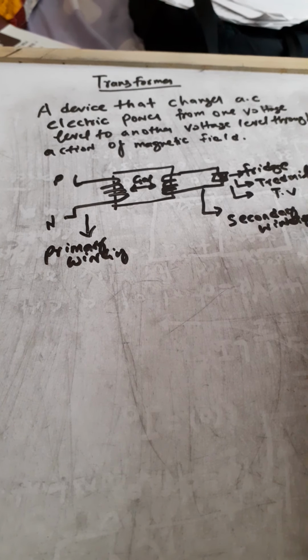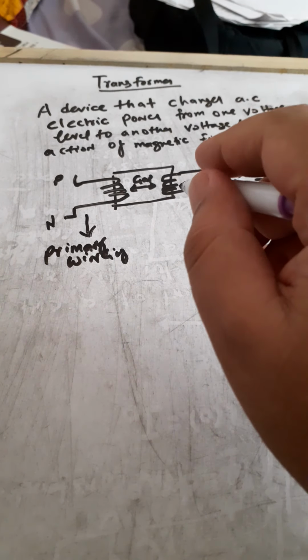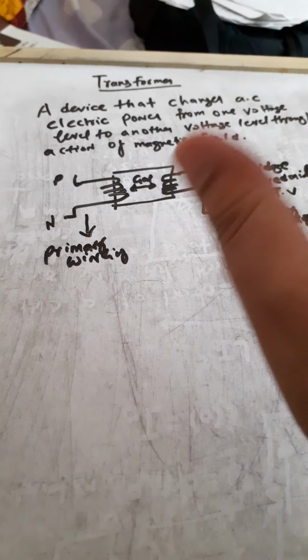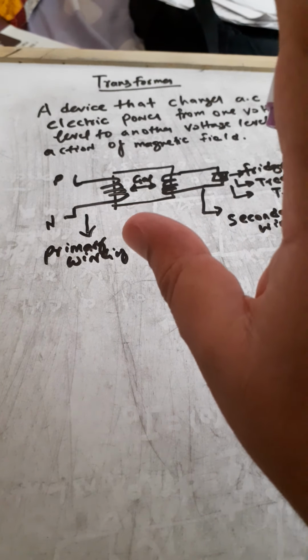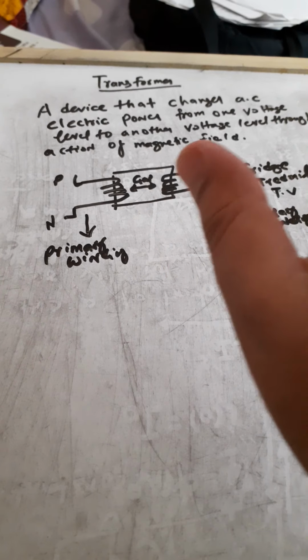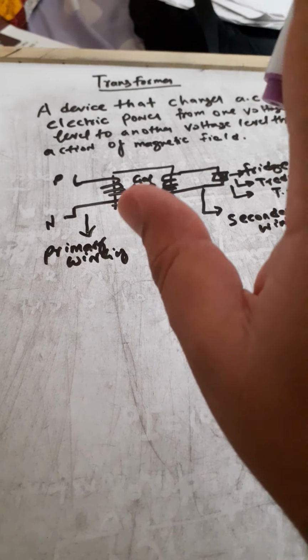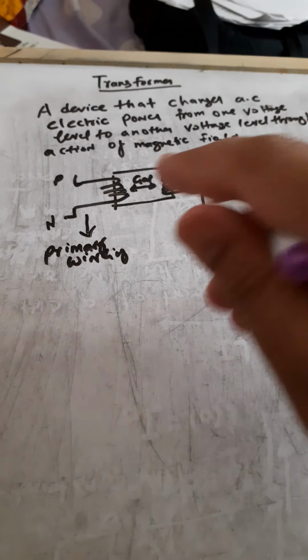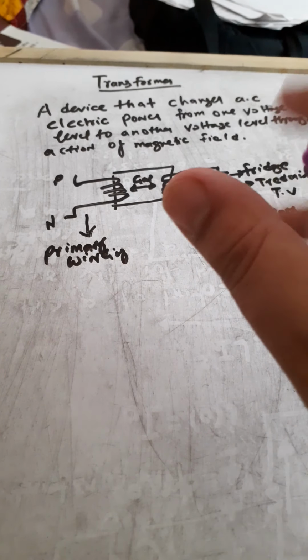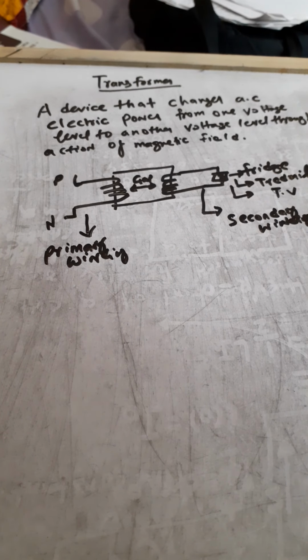Now the thing is that a transformer ideally changes the voltage level, but a transformer cannot change power. So if a transformer steps up the voltage level of a circuit, it must decrease the current to keep the power into the device equal to the power out, because of the law of conservation of energy we are knowing.